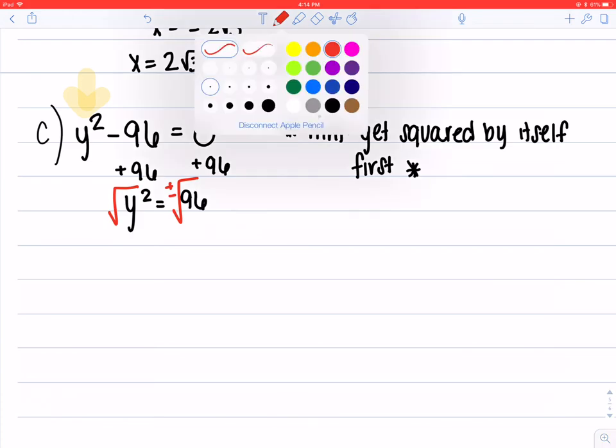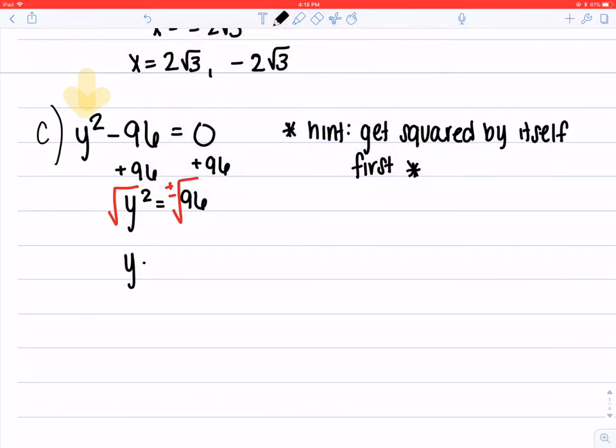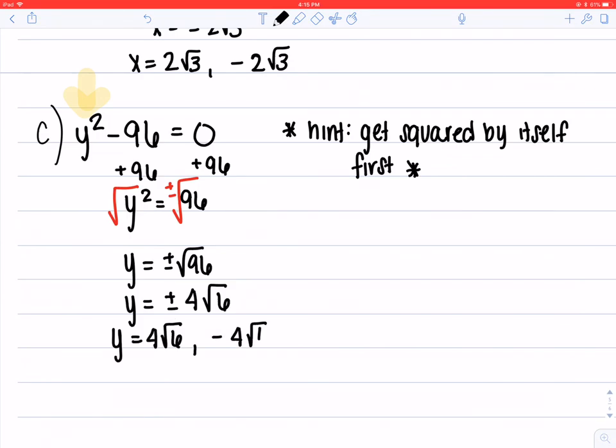Don't forget your plus or minus. And I'll have y equals plus or minus the square root of 96. And so I'm going to do my factor tree on 96 and get y equals plus or minus 4 square root 6. And I need to break it up, have 4 square root of 6 and negative 4 square root of 6.